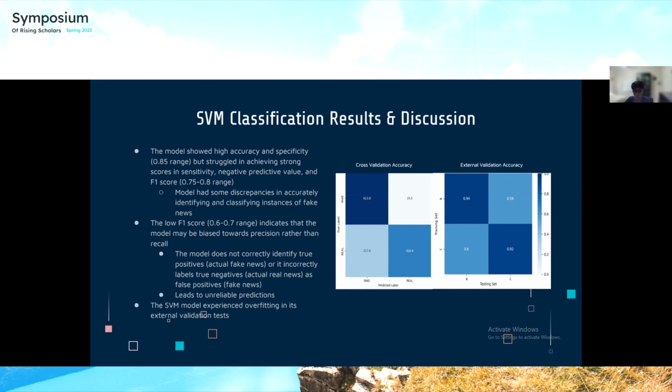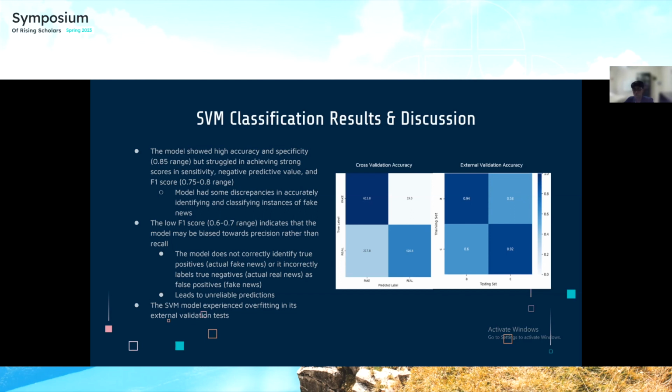The low F1 score, which is in the 0.6 to 0.75 range, indicates that the model has a bias towards precision rather than recall. This bias indicates that the model does not correctly identify the true positives, or the actual fake news, or it incorrectly labels the actual real news as false positives, or fake news.